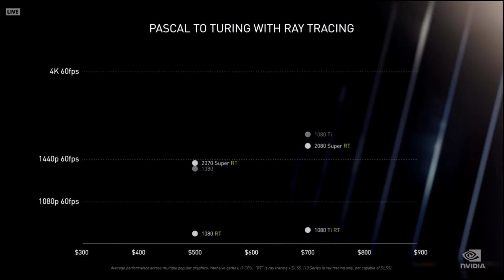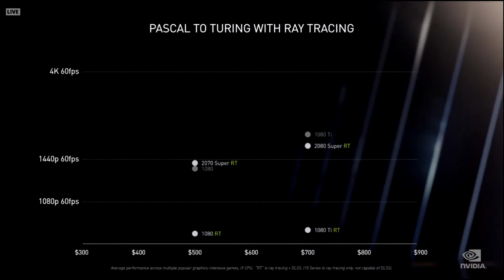With ray tracing turned on, Pascal, using programmable shaders to compute ray triangle intersections, fell far behind Turing's RT core. And Turing with ray tracing on reached the same performance as Pascal with ray tracing off. On a technical basis, this was a huge achievement.